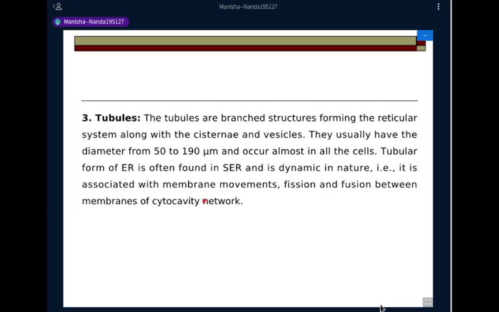That is, it is associated with membrane movements, fission and fusion between membranes of the cytocavity network. It is actually this tubular part only that gives rise to these vesicles, allowing the fusion and fission, that is, formation of vesicles from the endoplasmic reticular membrane.